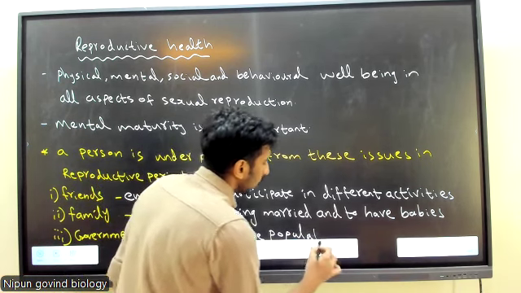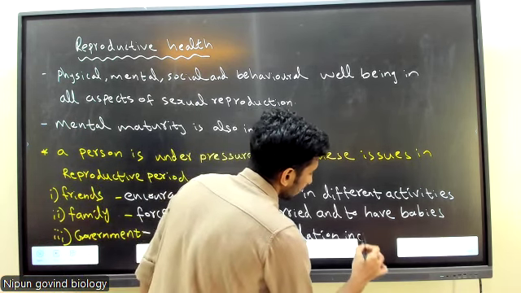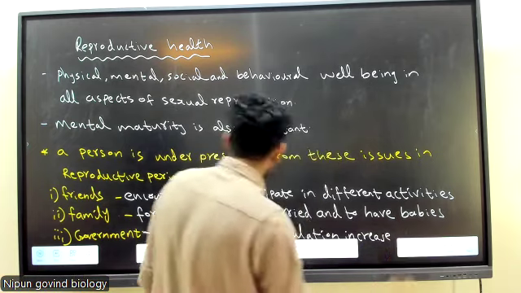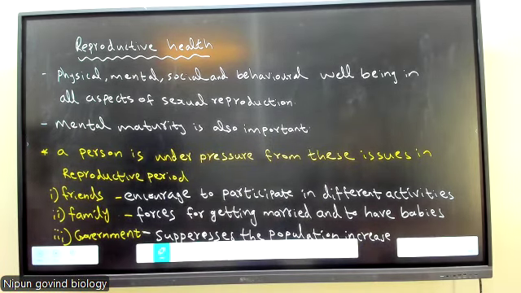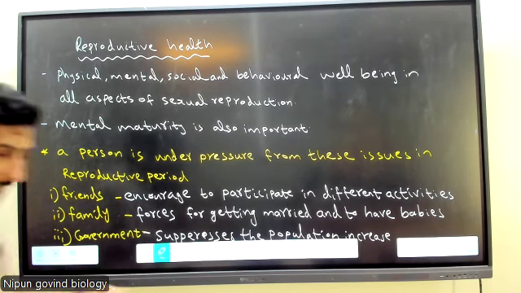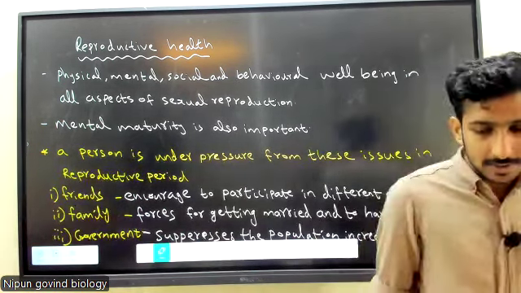Friends encourage to participate in different activities. Family forces for getting married and to have babies, and government suppresses the population increase. Okay, and that's it. Now we are going to study about the sexually transmitted diseases.